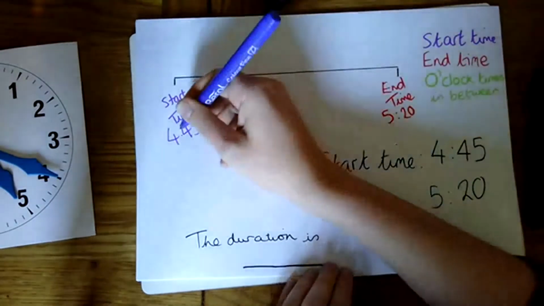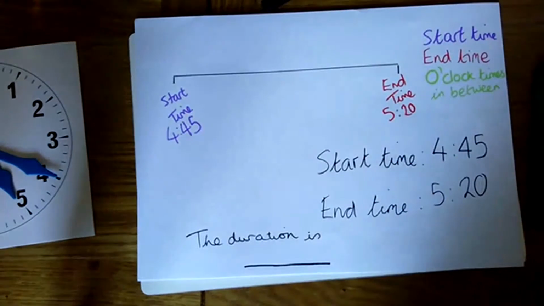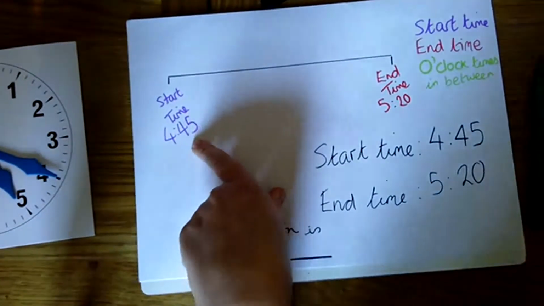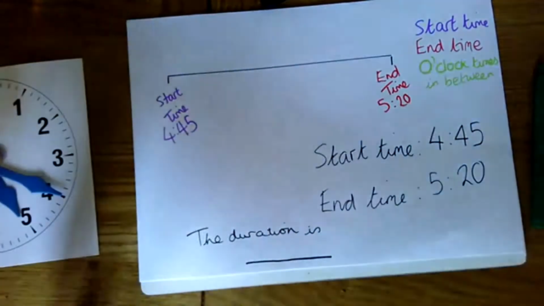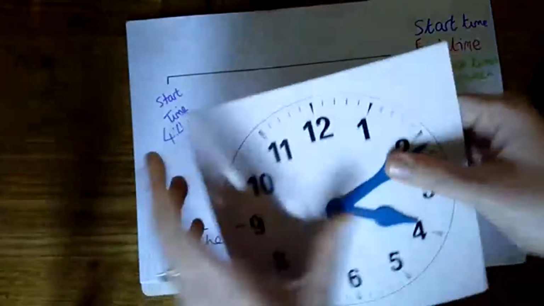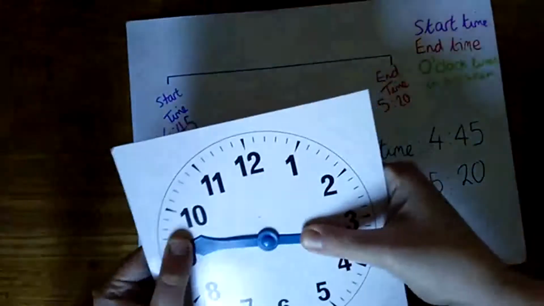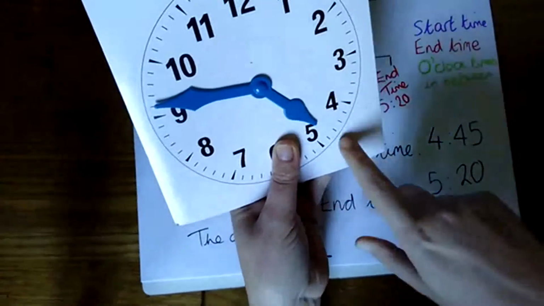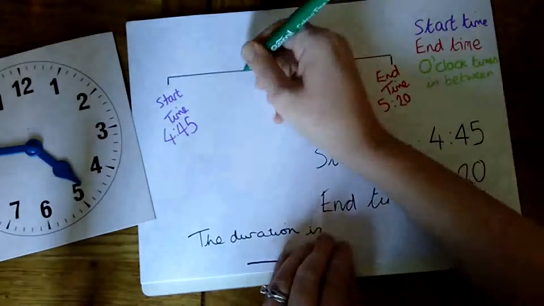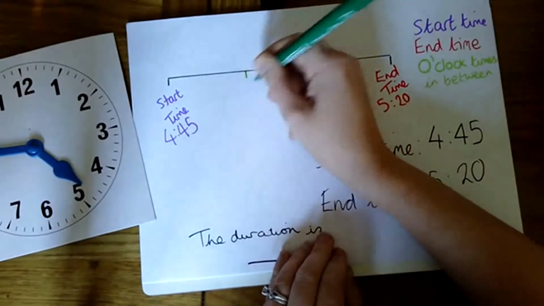So what I need to do is look at the o'clock time, work out what the next o'clock is from 4:45. Having a look at my clock here, the next o'clock from 4:45 is 5.